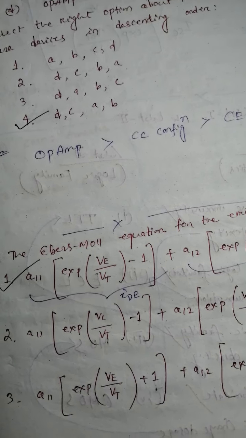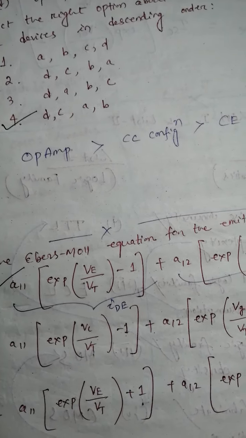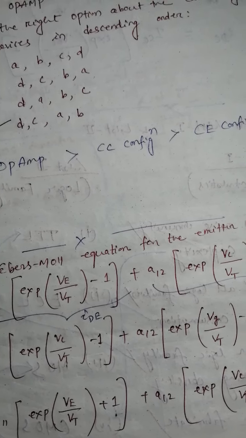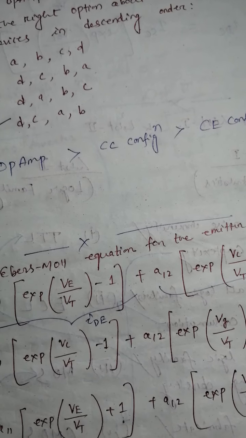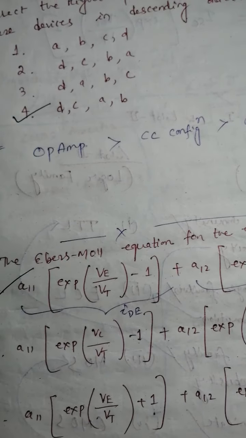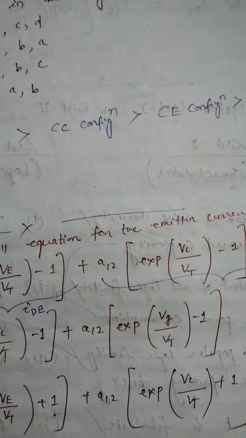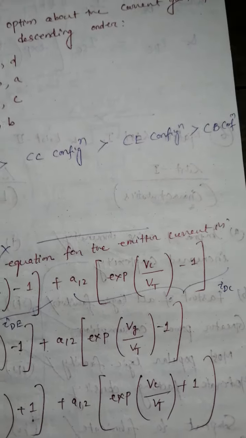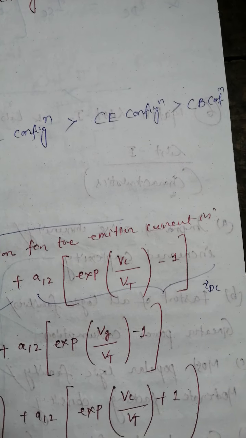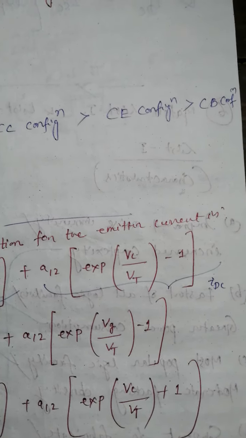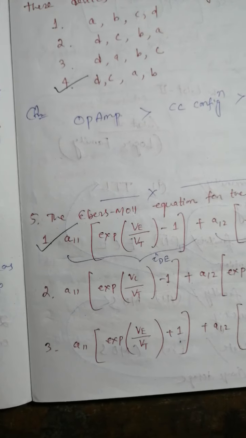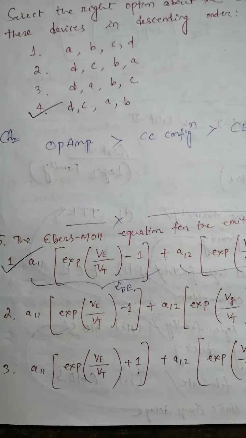Option A: A11 into exponential within brackets V divided by Vt, bracket closes, minus 1, plus A12 into exponential within brackets Vc by Vt, bracket closes, minus 1, the square bracket closes. You can read these options carefully.